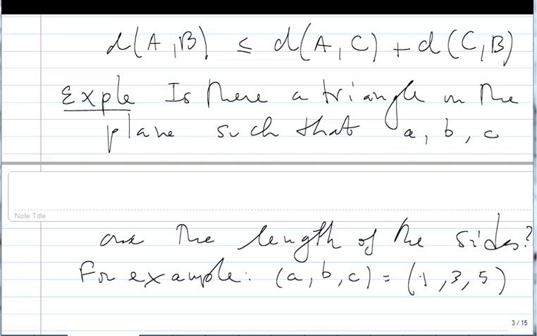Why? Because if I take 3 plus 5, it's 8, bigger than 2; 2 plus 3 is 5, greater than or equal to 5; and finally 2 plus 5 is 7, bigger than 3. But if I take A, B, C equal to 1, 5, and 9, the answer is no. Why? Because 1 plus 5, which is 6, is not bigger than 9.